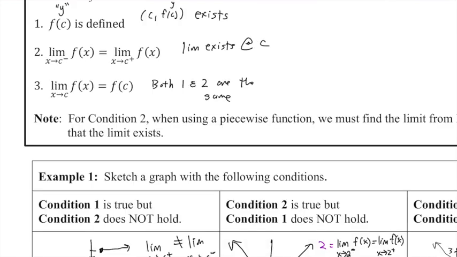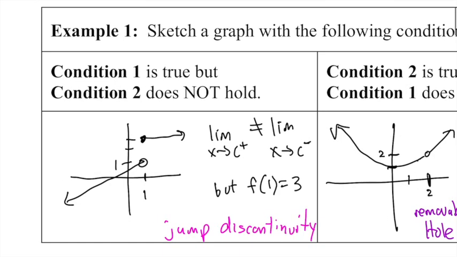Example 1 highlights the failures, like when you fail any of the steps, what it looks like. For example, the first part, condition 1 is true, so it does exist, but the limit does not, the limits approach different values.